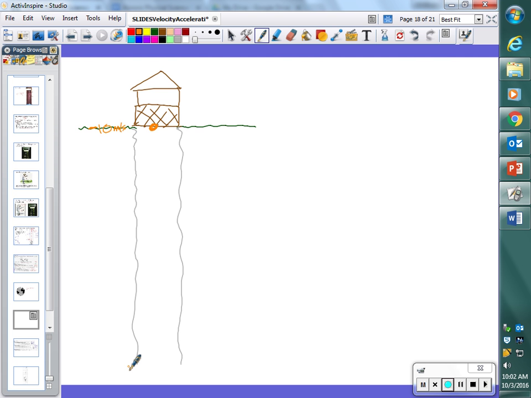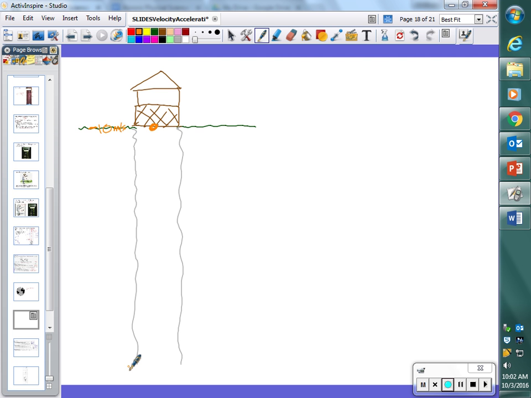But what does the acceleration of gravity do? Well, it brings it down, yes. And what happens to it as it's going downward? It's gaining speed. How much? 10 meters per second for every second.